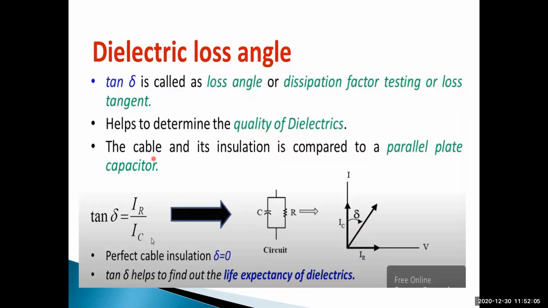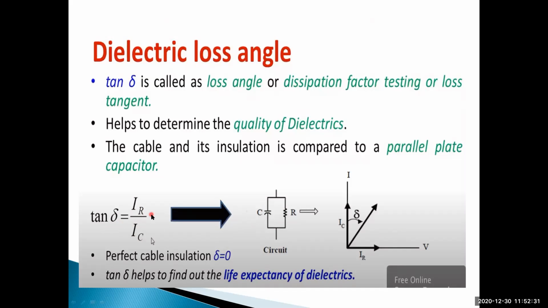Just like a cable, it is a very high insulation resistance in parallel with a capacitor, and we draw the circuit in this manner. Using the phasor diagram, we find the loss factor, tan delta, which is the equivalent series resistance, IR divided by IC.